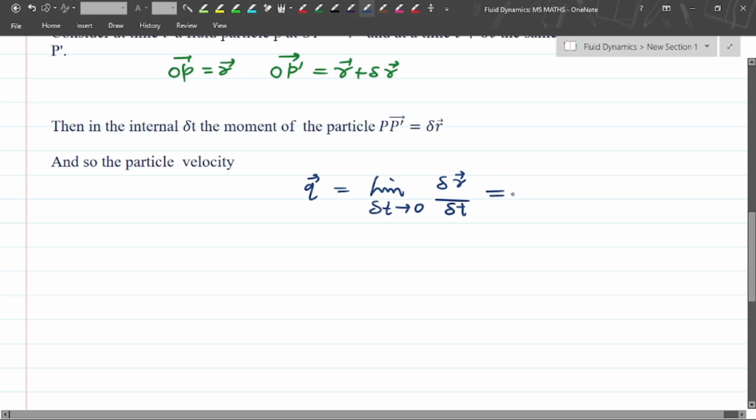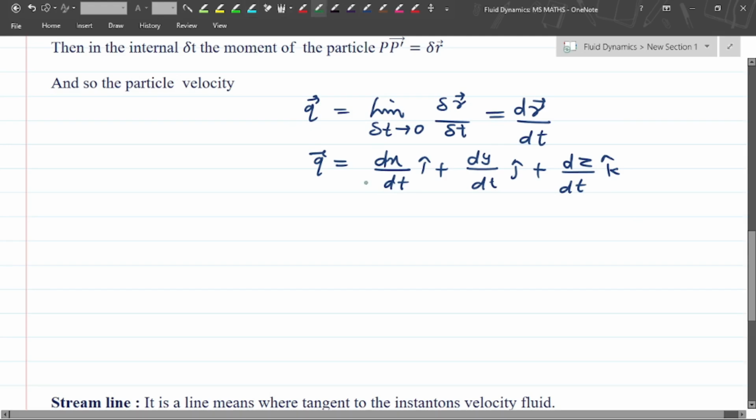So in the limiting value we can define it as dr vector by dt. So basically q vector is equal to, writing the position vector r, dx by dt i cap plus dy by dt j cap plus dz by dt k cap.